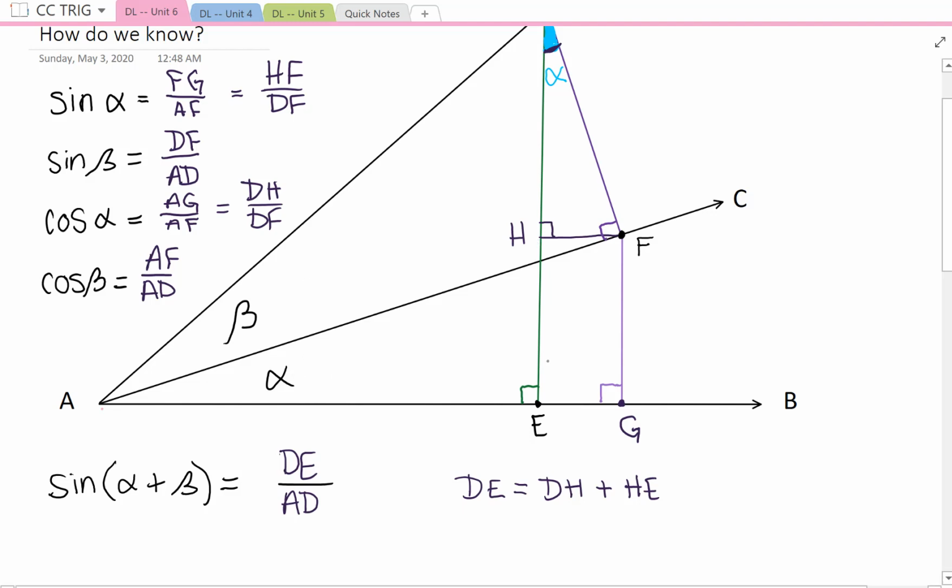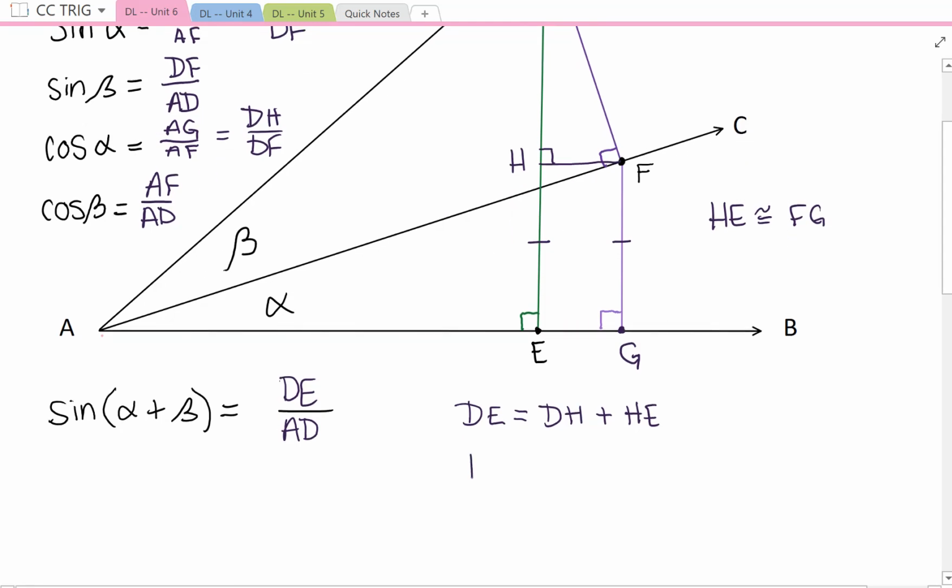But we do have something that's equivalent to HE. HE is the same length as FG, so we can replace it. HE is congruent to FG. Therefore, we can rewrite this equation as DE equals DH plus FG.